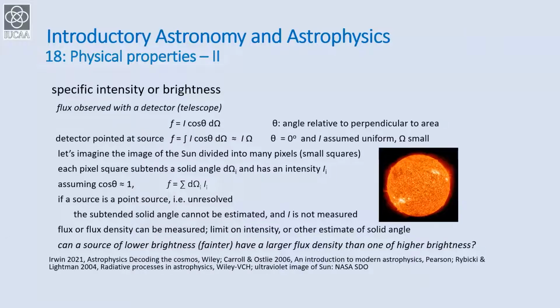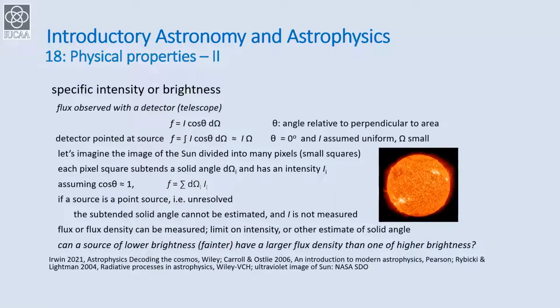Yeah. Sorry, Ahan, go ahead. Because we're talking about brightness here, which depends on your distance to the object. Brightness is intensity, and intensity is flux density divided by the solid angle.